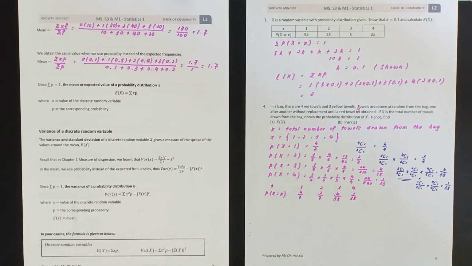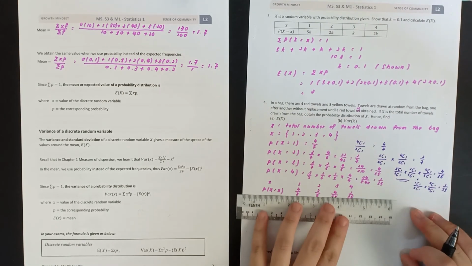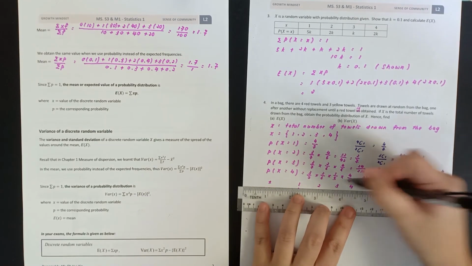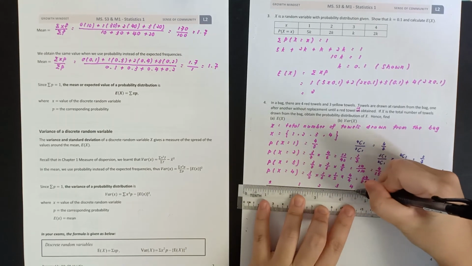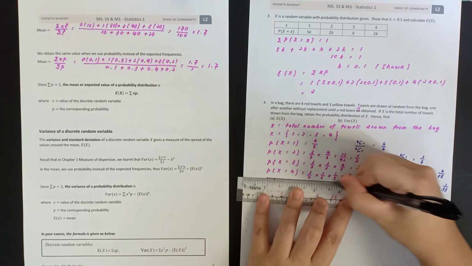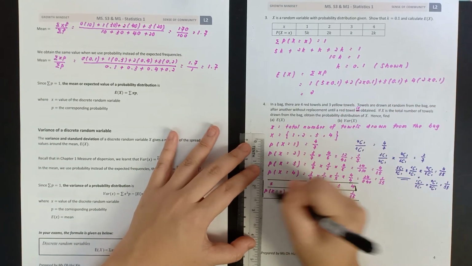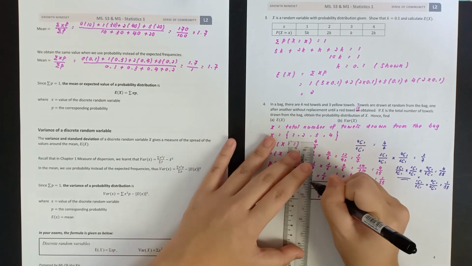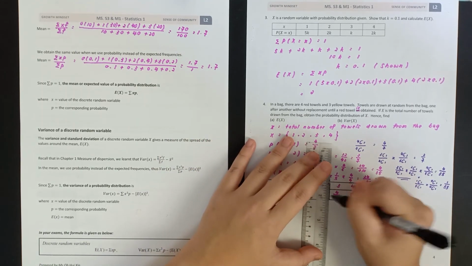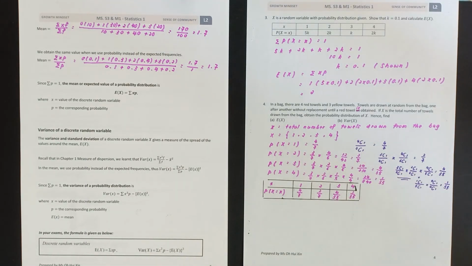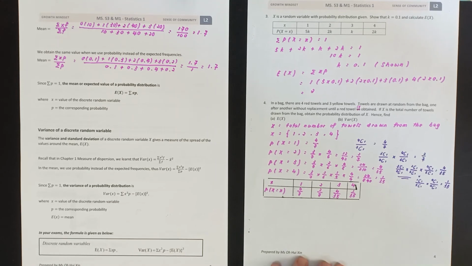Try to build the table yourself using your ruler and so on. As long as you see it, alright, you've got this table already. Now we can proceed to our question.